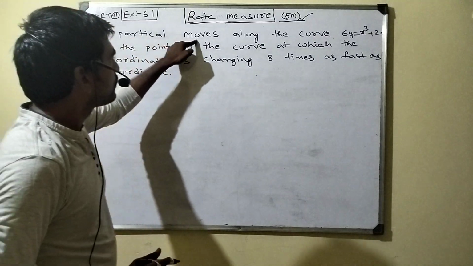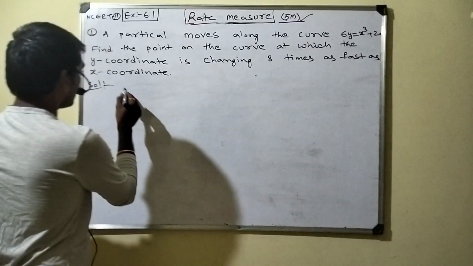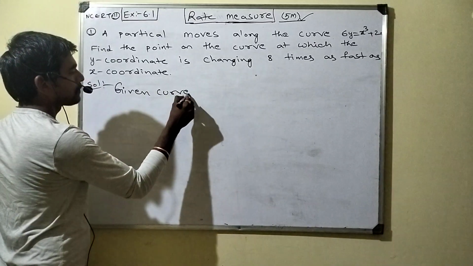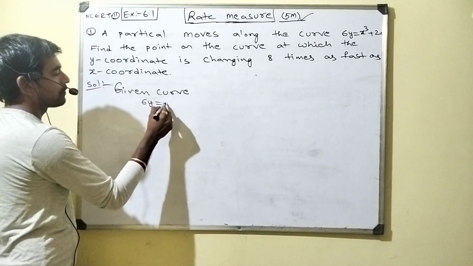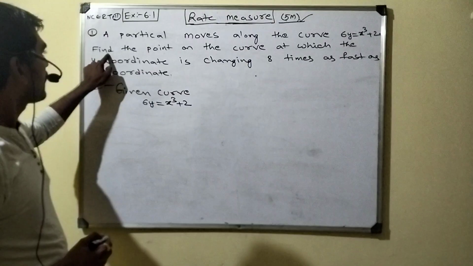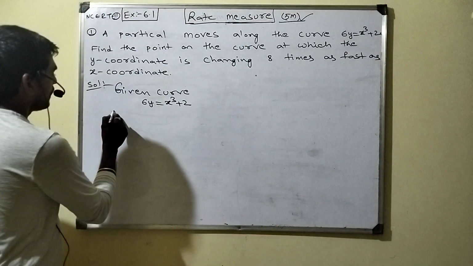A particle moves along the curve. What is the given curve? Given curve 6y equal to x cube plus 2, and it is asking me to find the point on the curve.